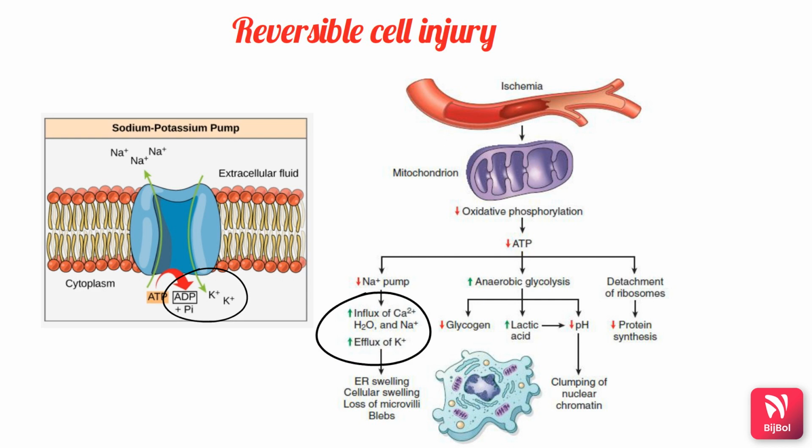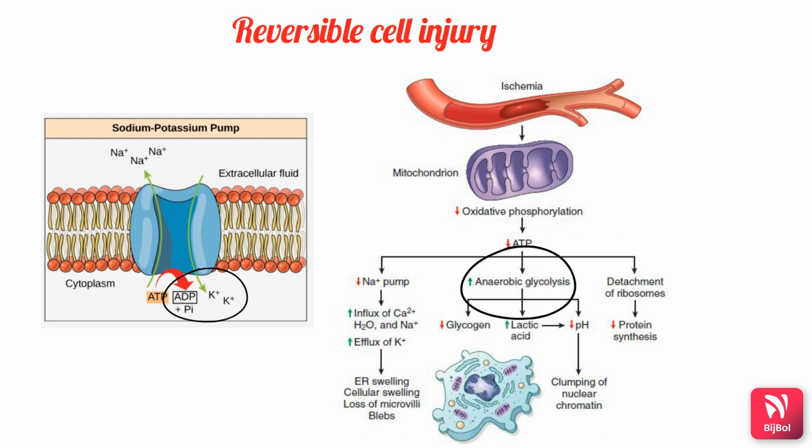As sodium and water accumulate in the cell, that results in cellular swelling and loss of microvilli, and the organelles will also start to swell: endoplasmic reticular swelling, cellular swelling, everything. So that is one consequence of decreased ATP.